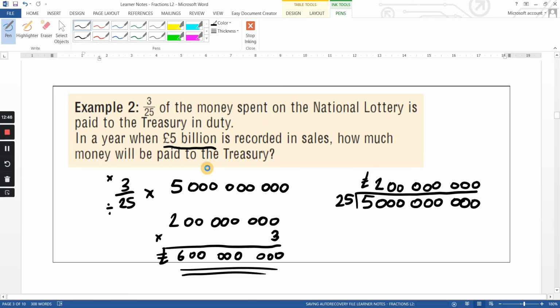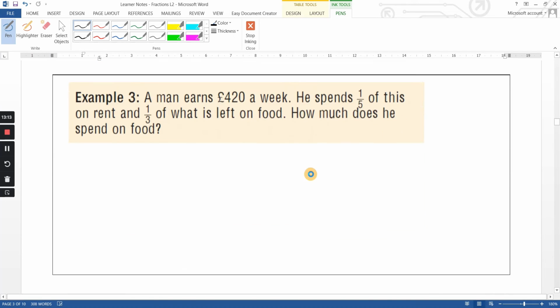So hopefully you do know that a billion is 9 zeros. If not, think of a million. A million is definitely 6, and a billion is just 1,000 times that, so it's got to be 3 more zeros than a million. Okay, let's move on.